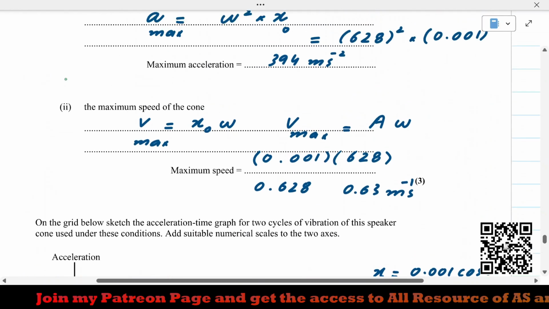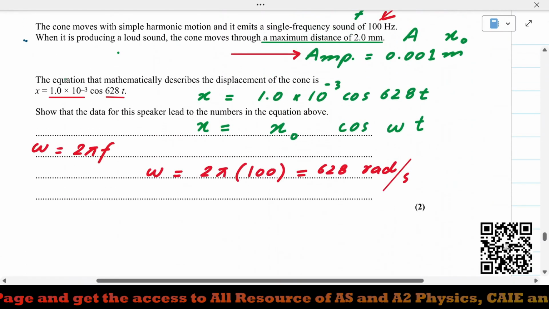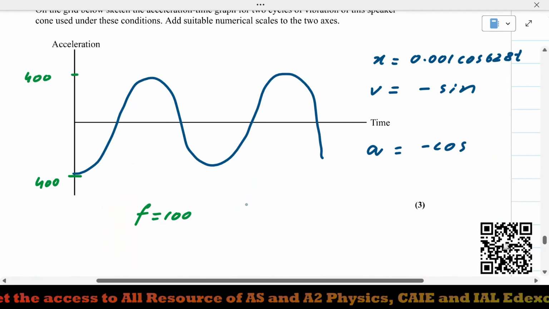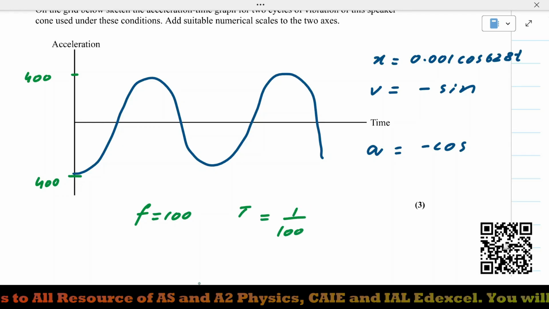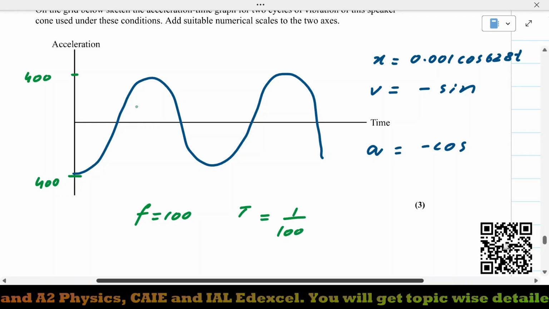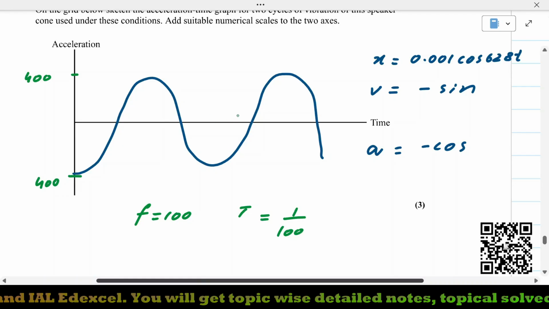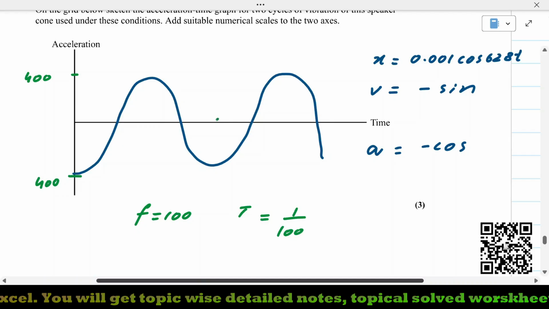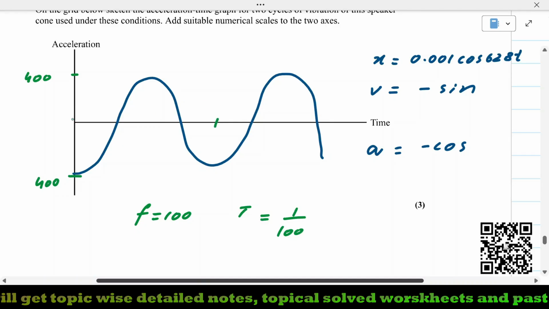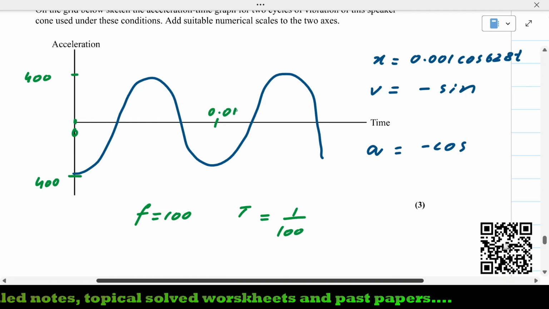And the time for one wave cycle, we don't know how much. The frequency was 100. Can you find the time period? 1 over 100, 0.01. So it takes 0.01 seconds for one wave cycle. So I can write 0 here, and if this one is 0, then this one needs to be 0.01.